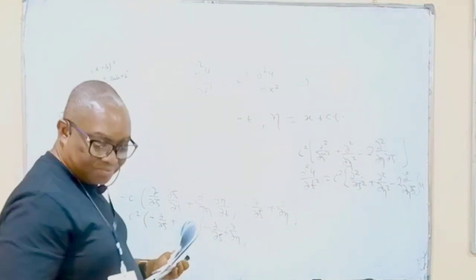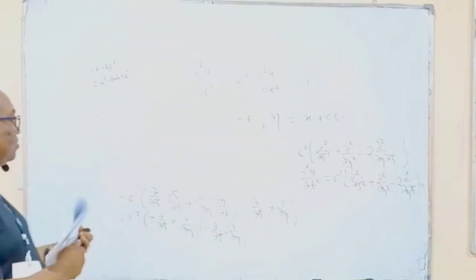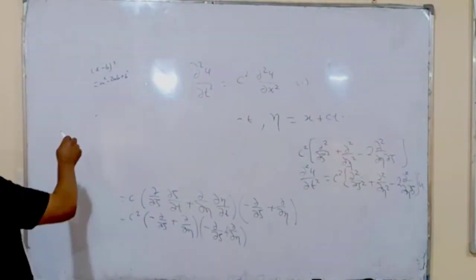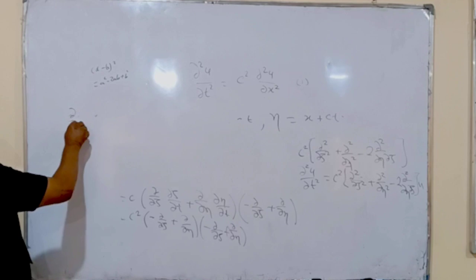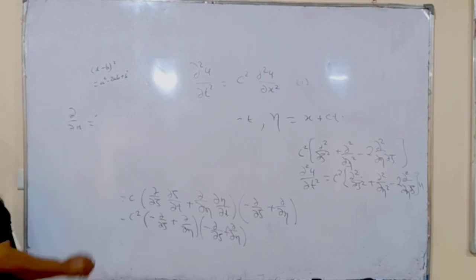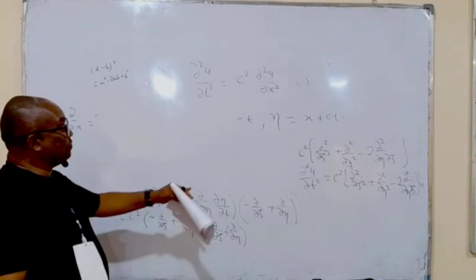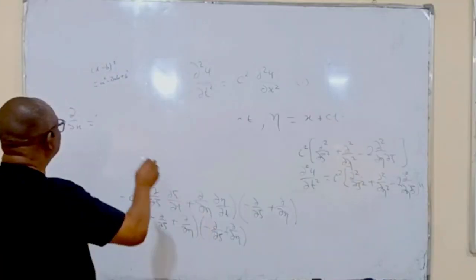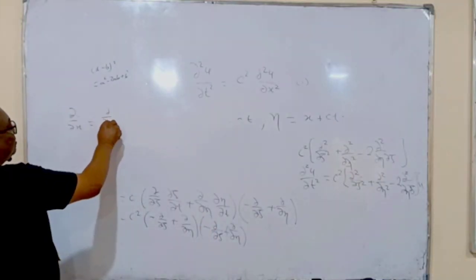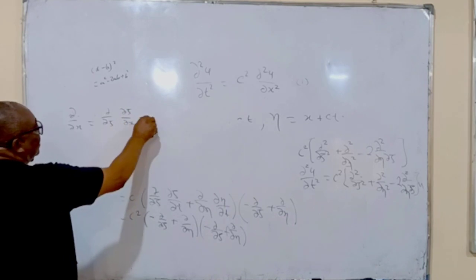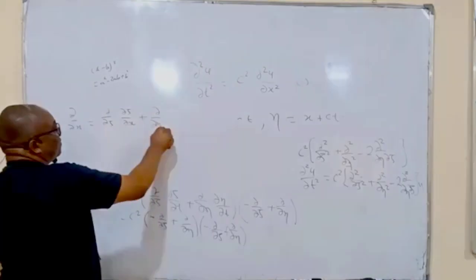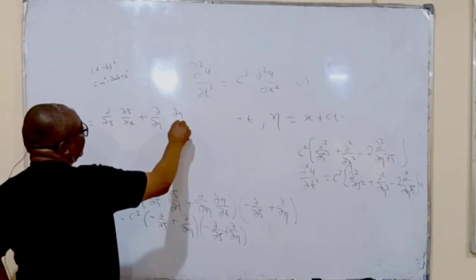Okay. Now, you can also do that: partial u, partial by partial x. You follow the same approach. When we differentiate this, you're going to have partial by partial ξ by partial x plus partial by partial η by partial x.